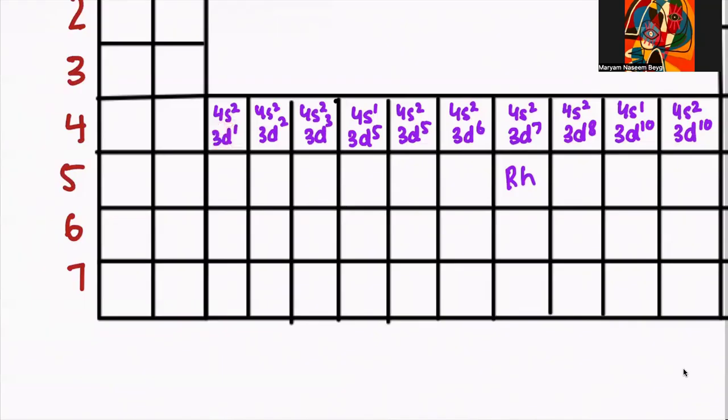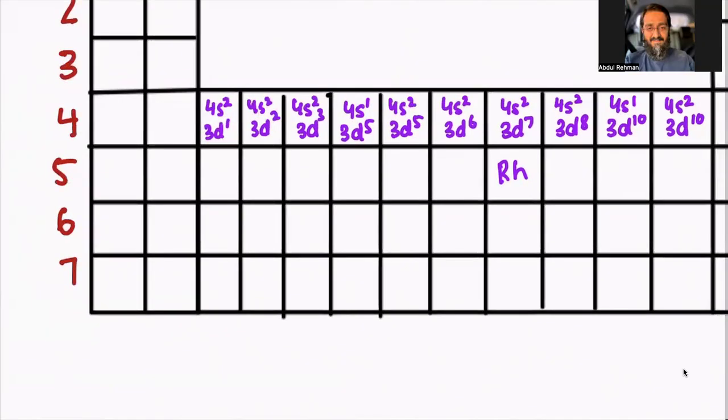Yes. Okay. So for example, if this is chromium, its electronic configuration ends at 4s1 3d5. The one below it is going to end at 5s1 4d5, and then the one below it is going to be 6s1 5d5, and then 7s1 and 6d5.